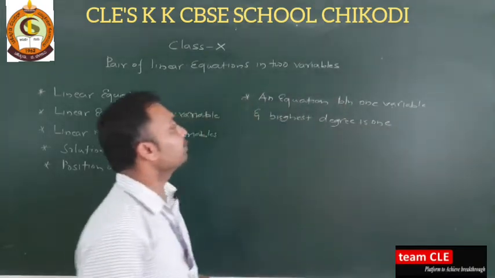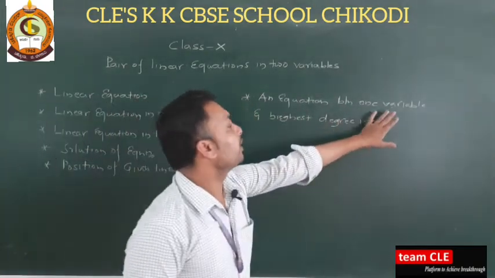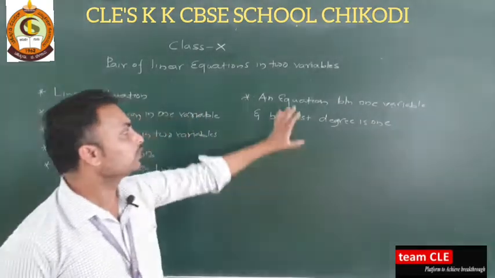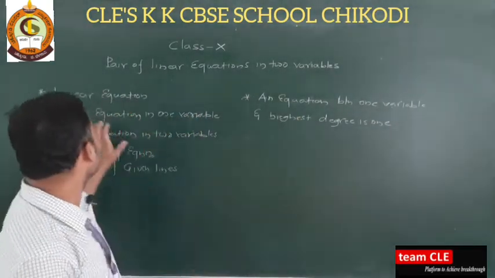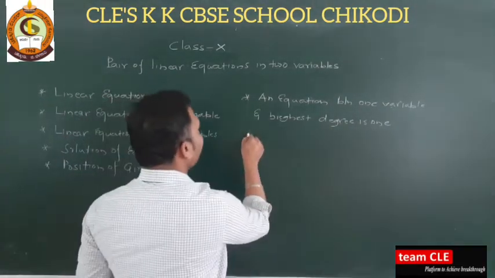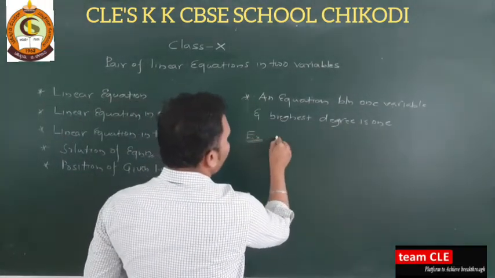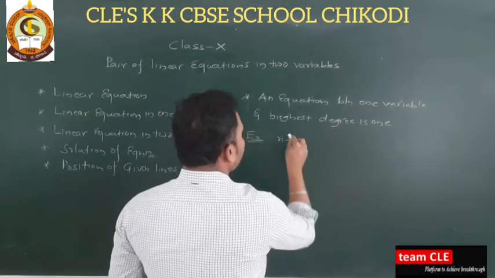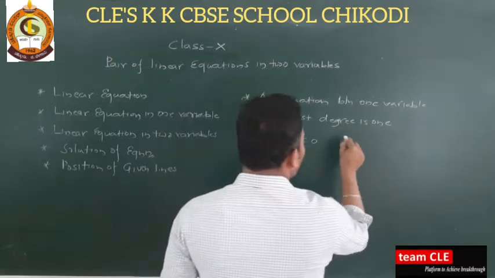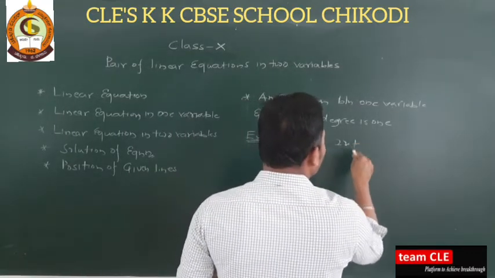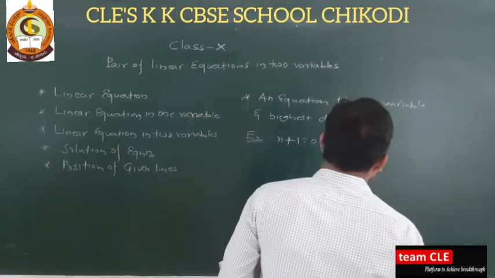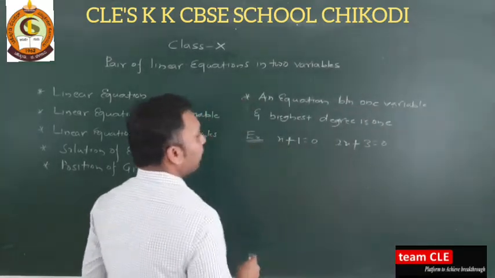These kinds of equations we call linear equation in one variable. For example, as I already gave one example, x plus 1 is equal to 0. You can take again 2x plus 3 is equal to 0. These are the examples here.